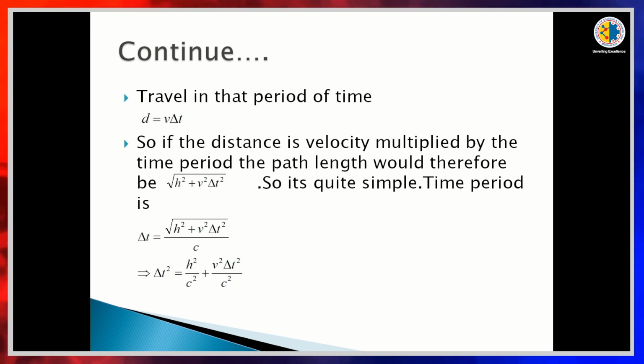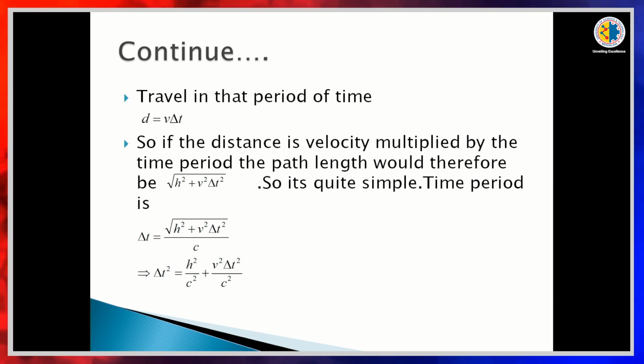If the distance is velocity multiplied by the time period, the path length would therefore be root over h square plus v square delta t square, because it is a right angle triangle. In a right angle triangle we know that hypotenuse square is equal to base square plus perpendicular square. So, it is quite simple.